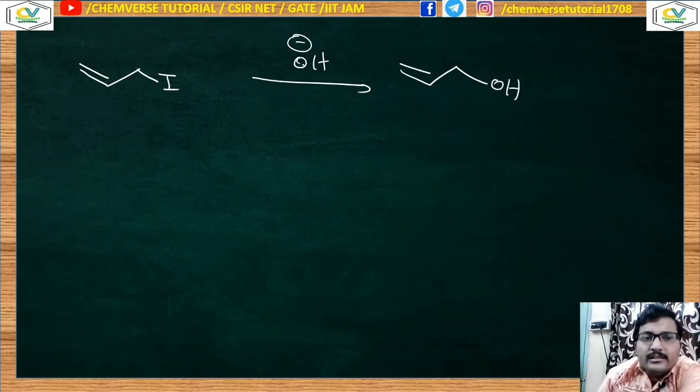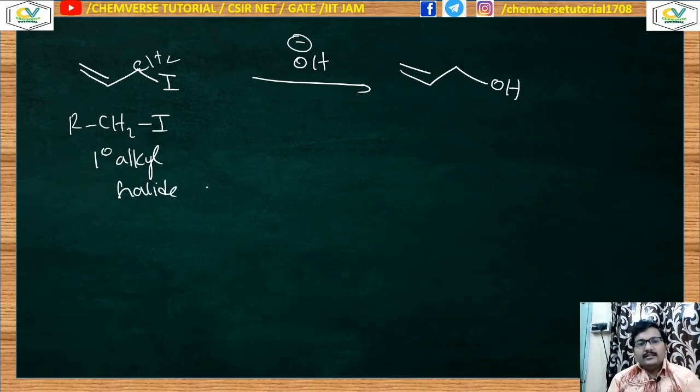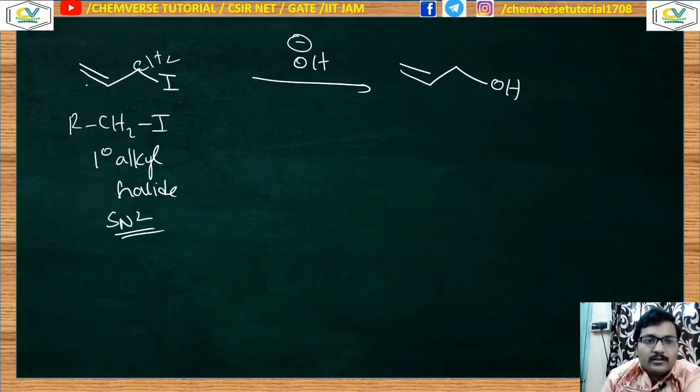Over here you will easily say that it's nothing but a CH2, so there is an R group over here, so it's nothing but this kind of structure. So from this structure I can say that it's a primary alkyl halide, and obviously the attack will be from the backside, so SN2 attack will occur.